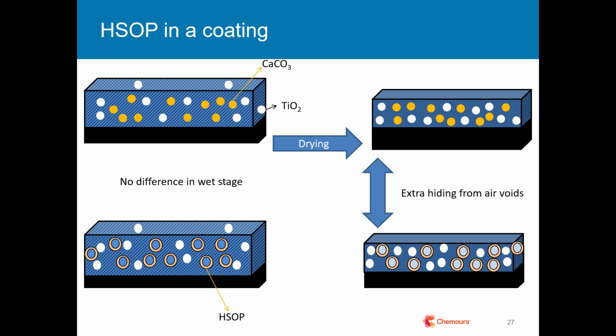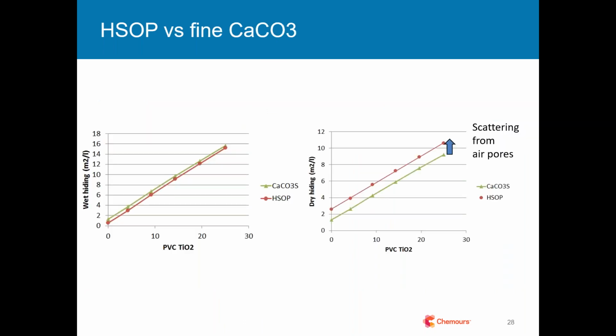So there is a very huge difference between the refractive index of the titanium dioxide and of the surroundings of the titanium dioxide. Therefore, you can argue that the HSOP increases the difference in refractive index and therefore gives an additional boost to the scattering power of the titanium dioxide. If that all is true, we expect a higher hiding power for the HSOP compared to the very fine calcium carbonate. Now, let's do the experiment.